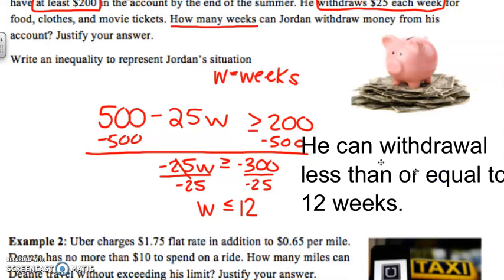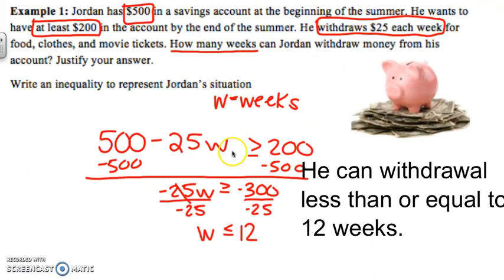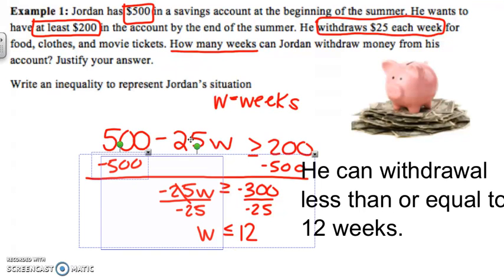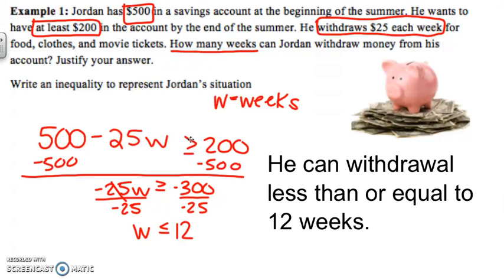Okay, so what that means is he can withdraw 1 week, 2 weeks, 3 weeks, 4 weeks, as long as he does not go over the 12 weeks. You could have said he can withdraw 12 or less weeks, anything like that.